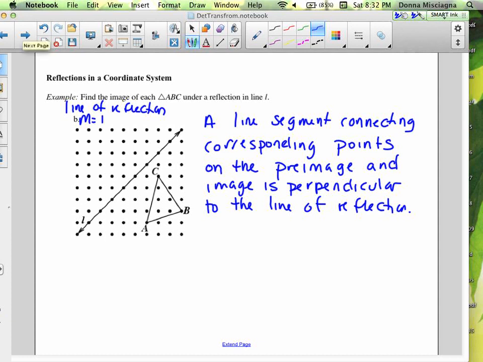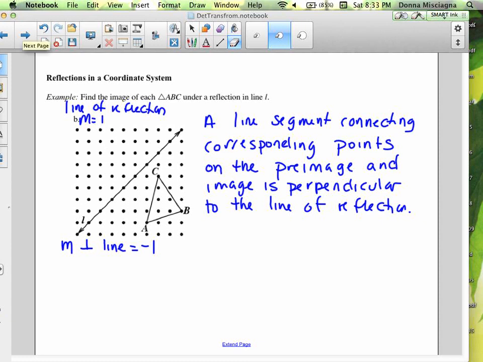You can see that the line goes up 1 to the right 1, up 1 to the right 1. For the slope of the perpendicular line, we know that perpendicular lines have slopes that are negative reciprocals. If we flip the 1, it's still 1, but then we make it the opposite because it's a negative reciprocal. So we're going to have a slope of -1.